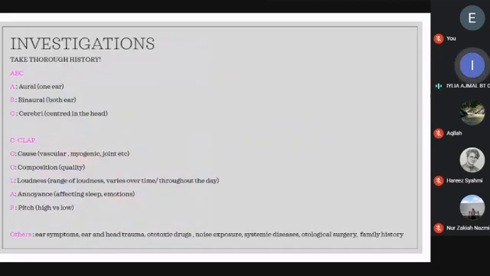So how do we investigate tinnitus? First, we need to identify whether only one ear or both ears are affected, and whether the sound is centered in the head, because we need to identify whether this is a peripheral type of sound or an auditory hallucination. Subsequently, we need to identify the possible causes.